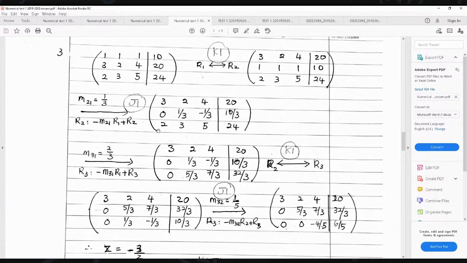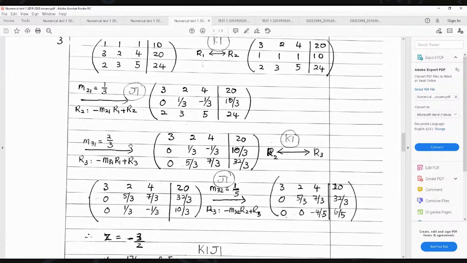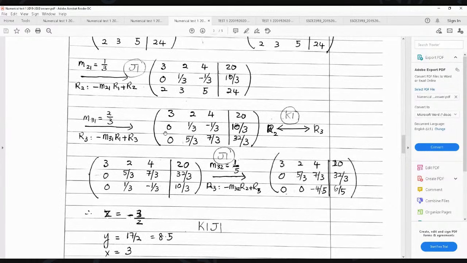So maintain row 3, because you do not change anything at row 3. Then continue to get 0 for A31. M31, which is A31 divided by A11, is negative 2 over 3.